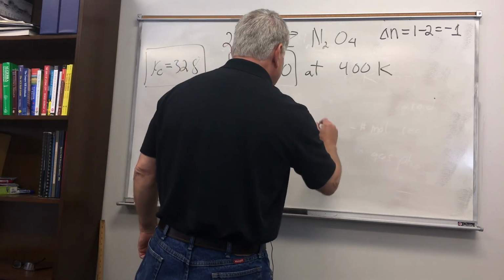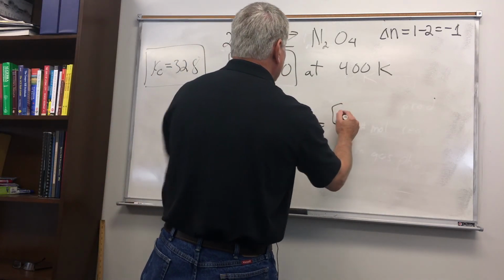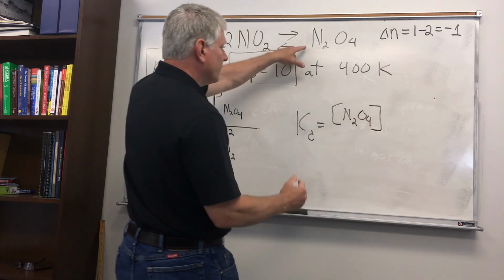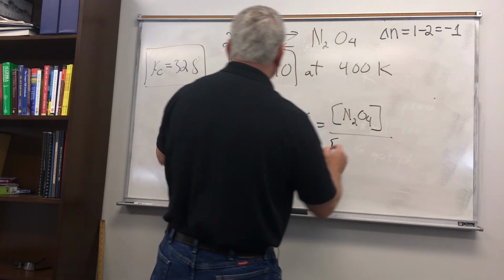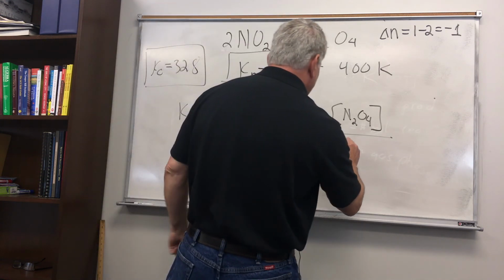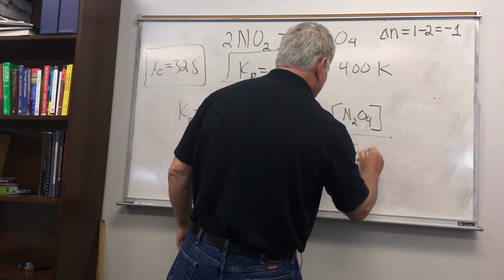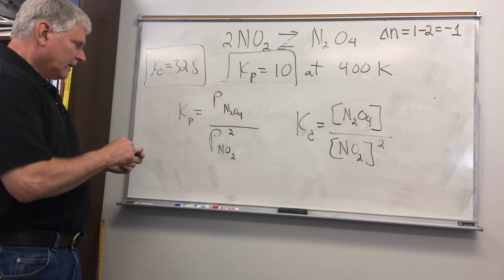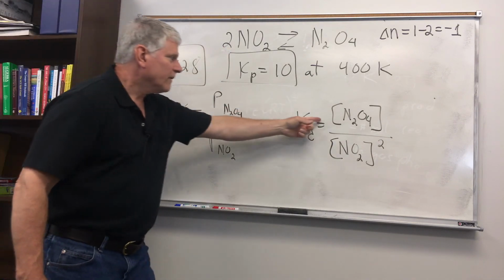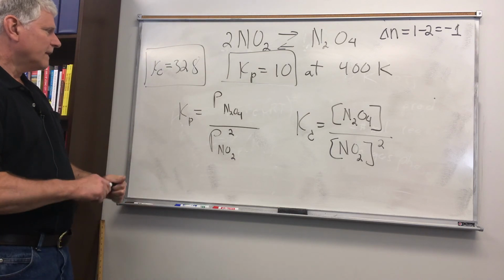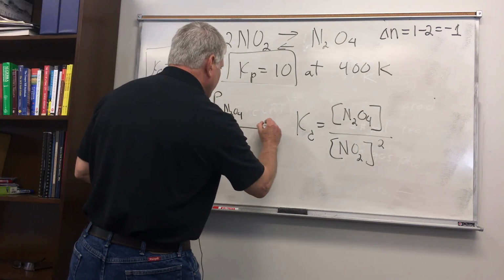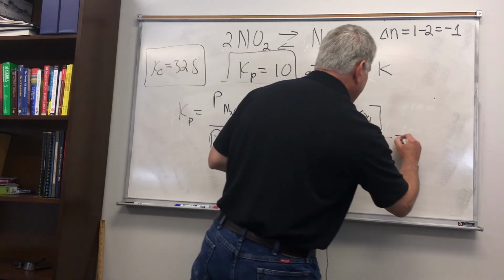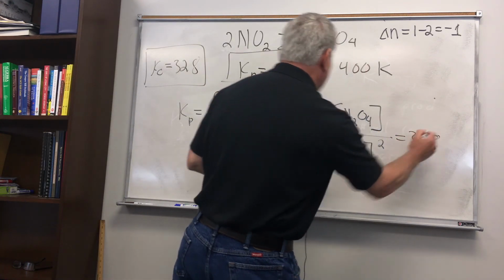And Kc will be the concentration of N2O4 raised to the first power divided by the concentration of the reactant NO2 raised to the second power. So these are the forms of my equilibrium constants, and this has a value of 10 for Kp, and Kc has a value of 328.